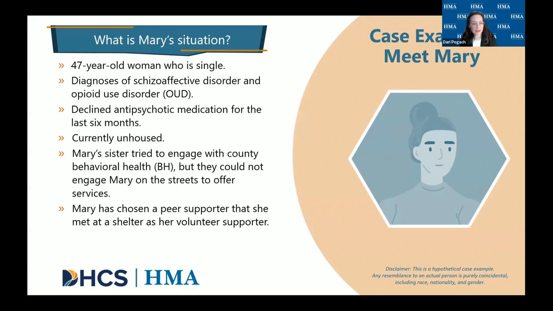She's declined antipsychotic medication for the last 6 months. She's currently unhoused. She has a sister. Her sister tried to engage with county behavioral health to get services for Mary, but BH tried to meet Mary on the street and offer services, and they were not successful. And as Mary starts this CARE Act process, she has a volunteer supporter. It's a peer supporter that she met at a shelter.